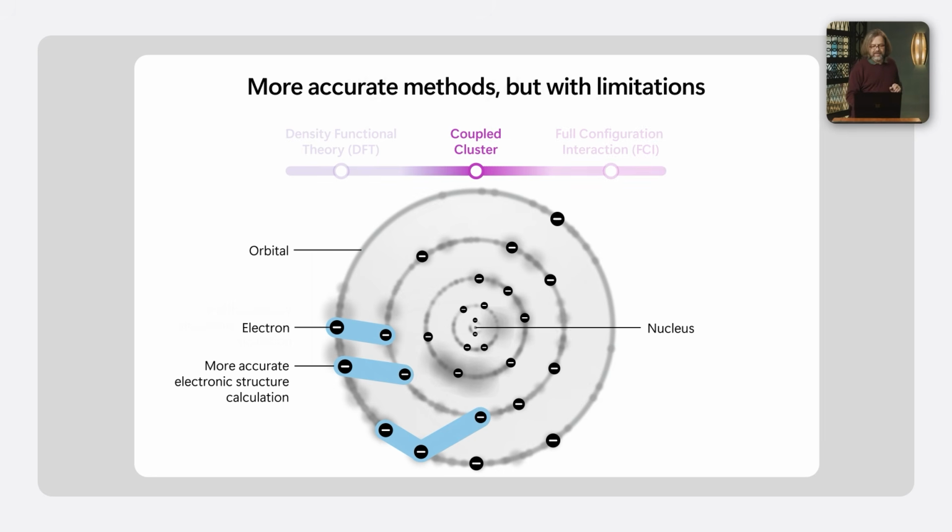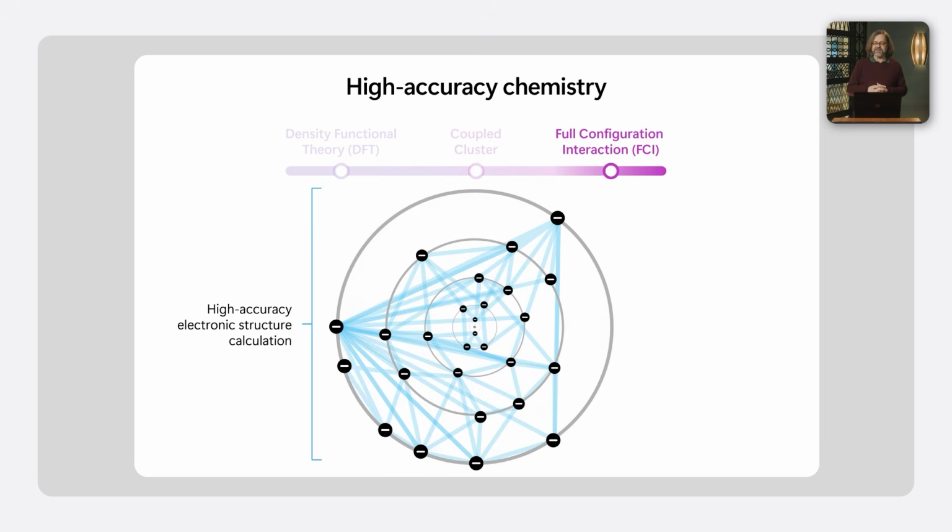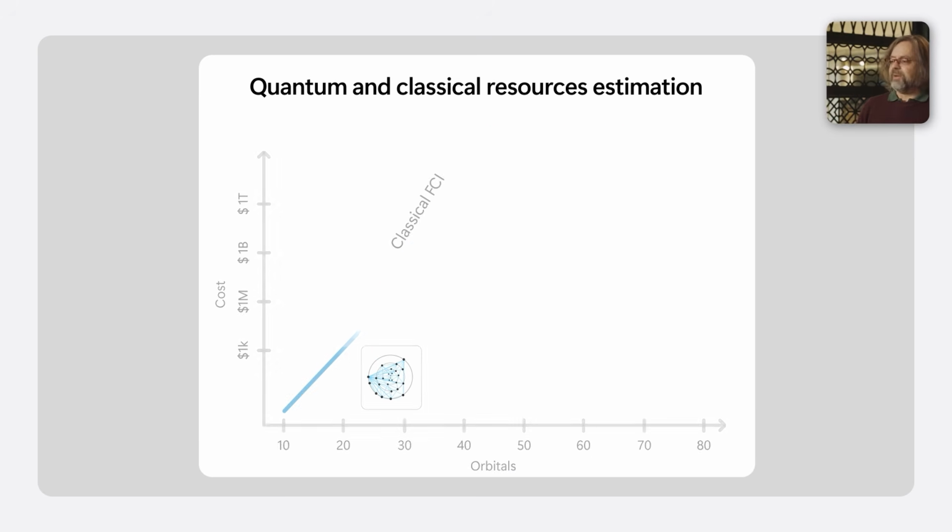When it is not, we have to go to exact methods, so-called full configuration interaction, the level of theory where I take into account all the correlations between all the relevant electrons. With them, the scaling becomes exponential.